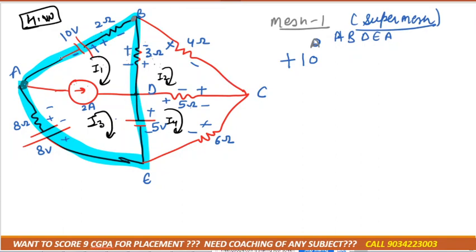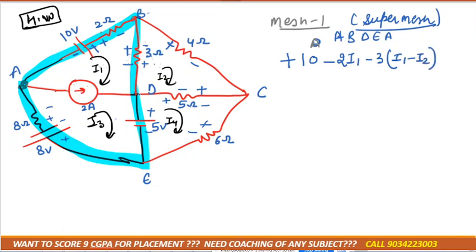A to B, second sign is minus, resistance is 2, current is I1, right? Now B to D, what is the second sign coming in your path? Negative, resistance is 3, and as you can see this is the middle wall of your house, so it would be I1 minus I2.